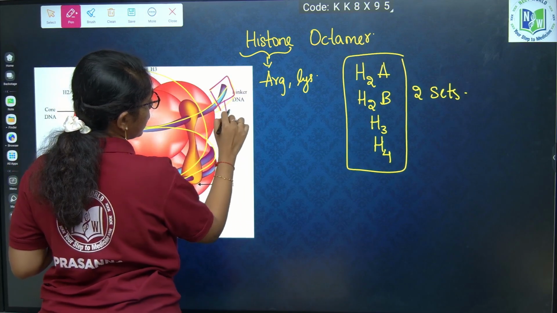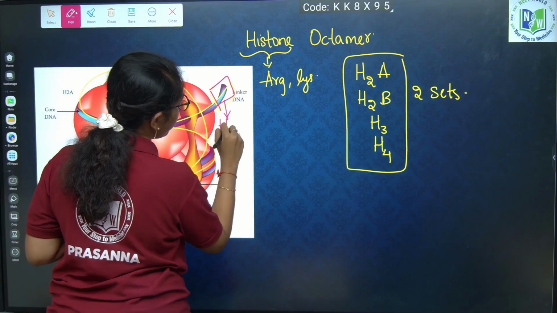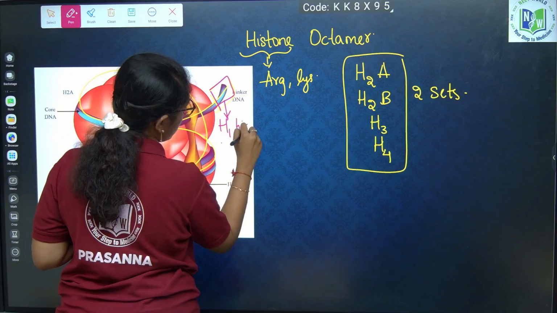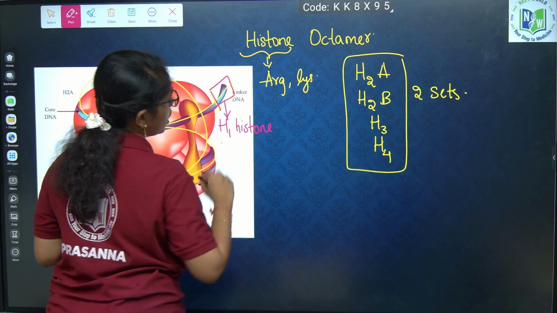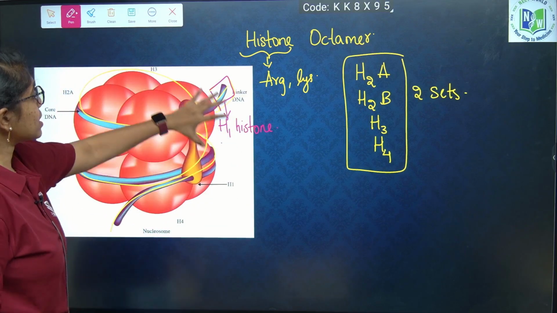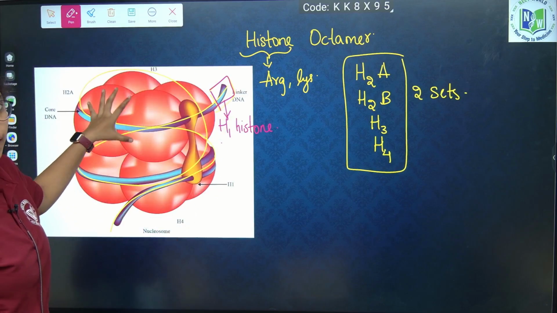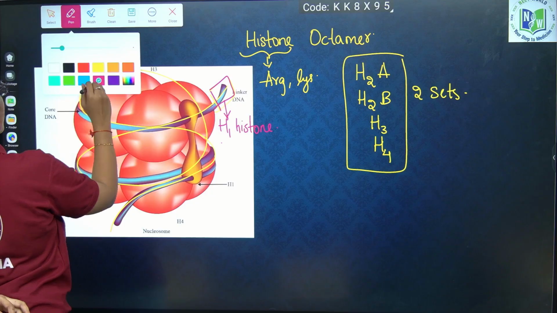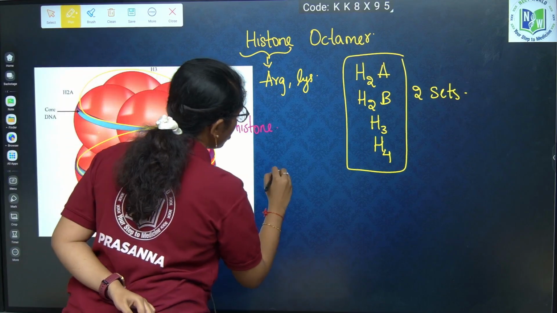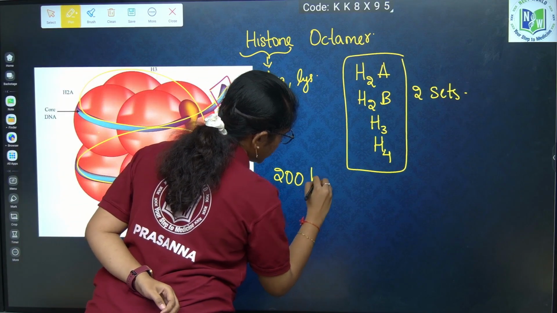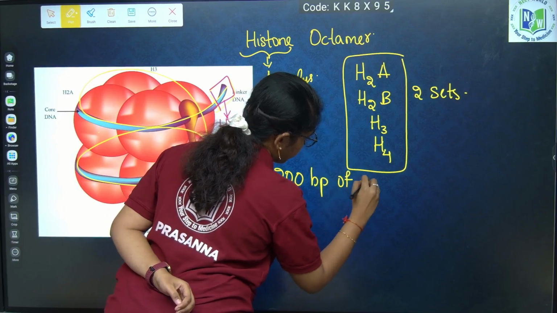This linker DNA is associated with H1 histone protein. This combined nucleosome contains how many base pairs of DNA? It contains 200 base pairs of DNA.